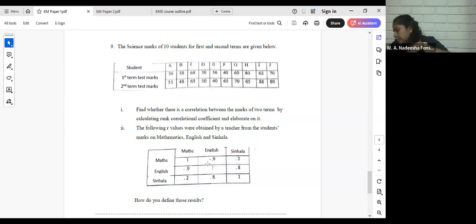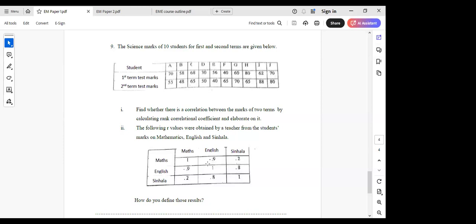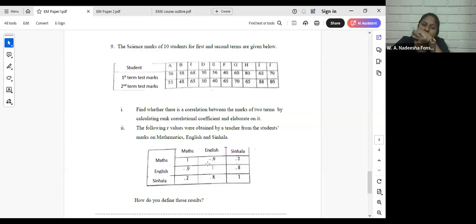That is highly positive. Yes, highly positive. It means when English marks are increasing, most probably Sinhala marks also increase. Like that you have to describe those results.